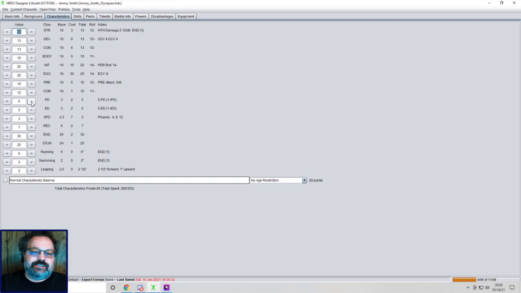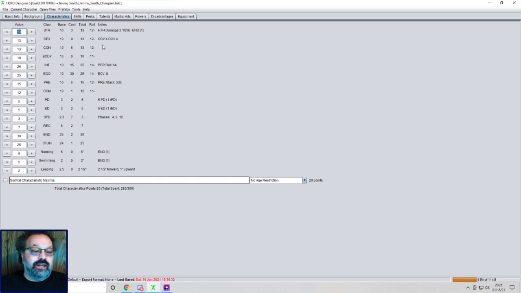If you had no resistant defense and it was a killing attack, you would subtract nothing from the dice. You would just basically take that much body damage. Okay? With resistant defense, any of your defenses that are resistant, you subtract from a killing attack. So in this case, it's only 1 point, but that means he's not totally defenseless against such an attack.